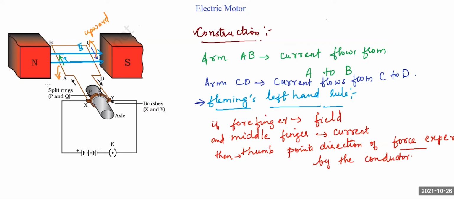So AB will experience a downward force and CD will experience an upward force.